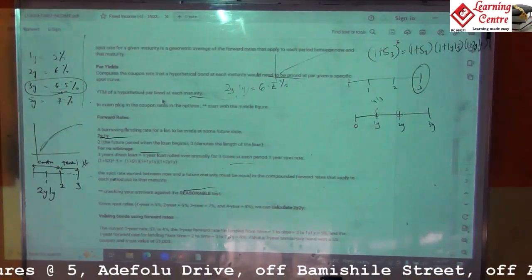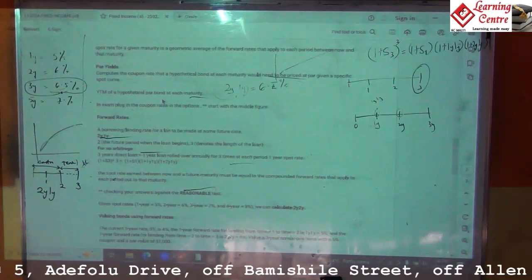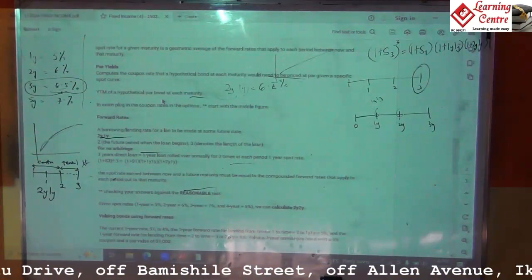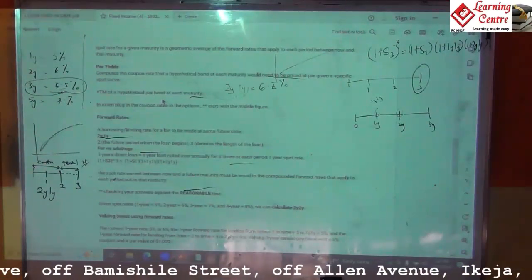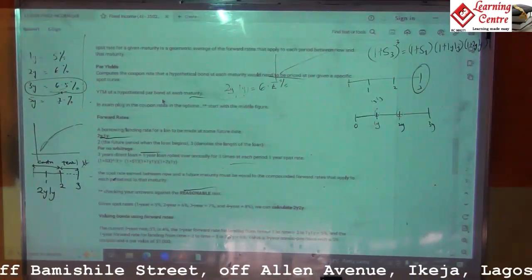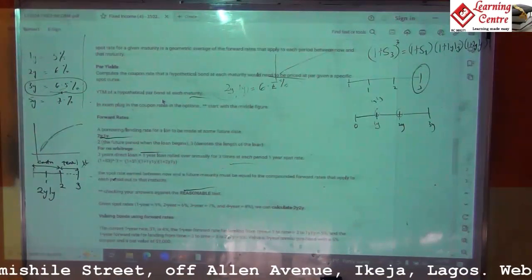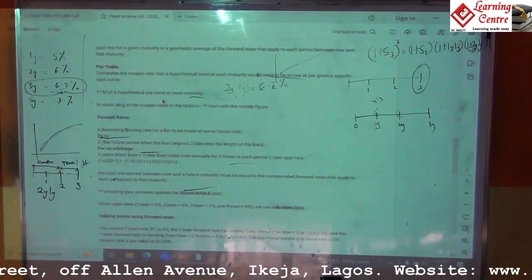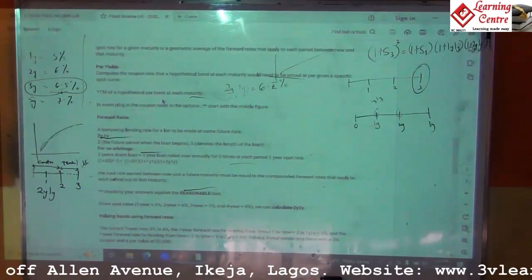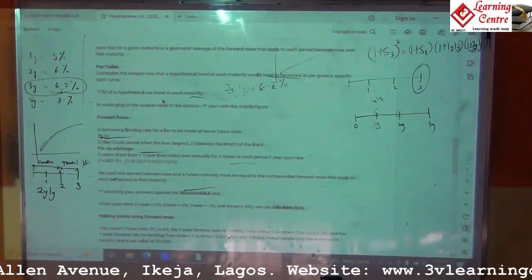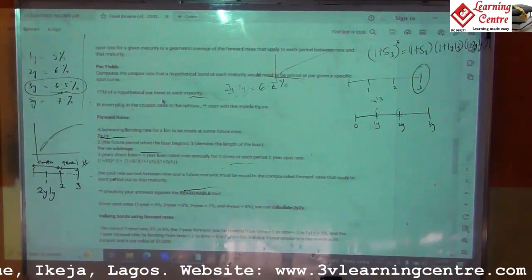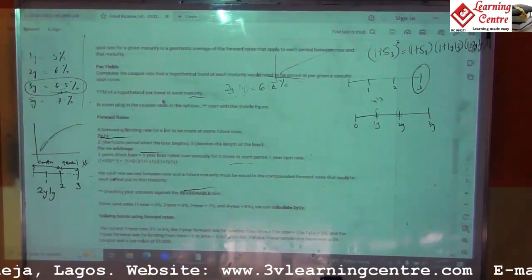As a bank, you agree to enter the contract and say, I want to set the rate today. Given the current spot curve, whatever happens, I set it using this current spot curve.